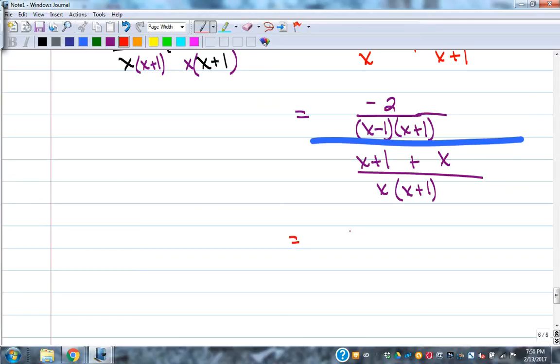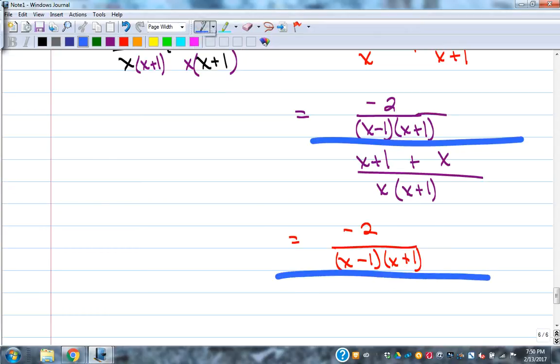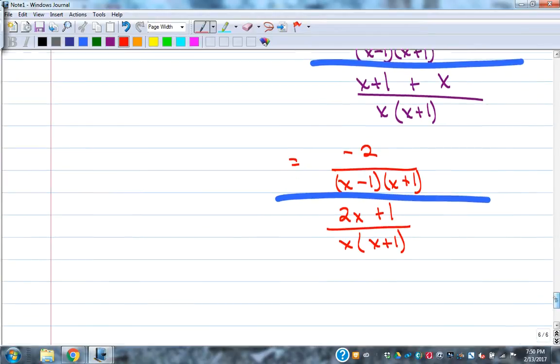So I'm going to simplify the denominator. Negative 2 over x minus 1, x plus 1. That's the numerator that I'd already done. Big fraction bar. And then I have 2x plus 1 over x plus 1. But dividing by a fraction is the same thing as multiplying by its what?